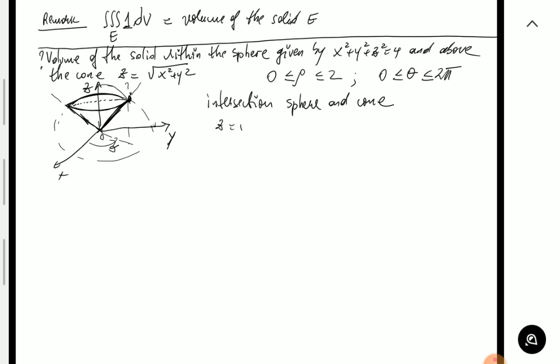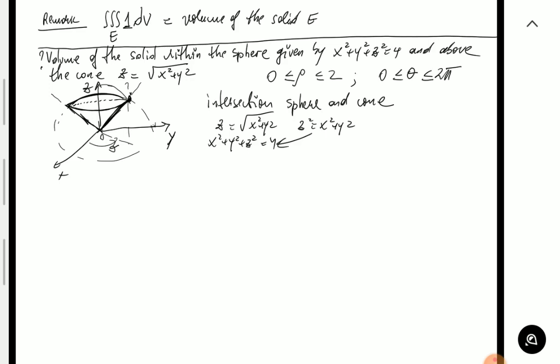I can look at these two equations as a system and try to eliminate z, for example. Then I can square the first one and plug it into the second one.